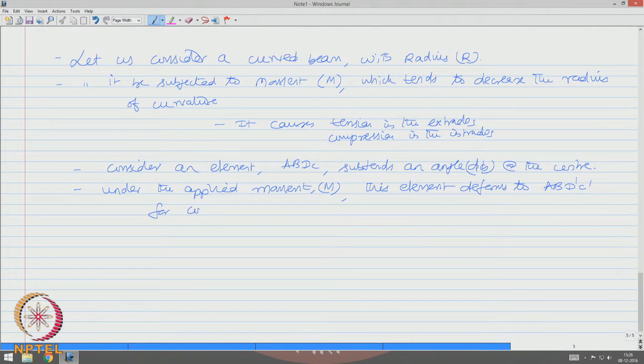For convenience, we assume that AB is fixed and only plane CD rotates.